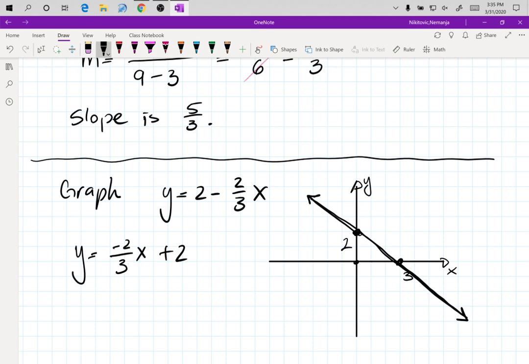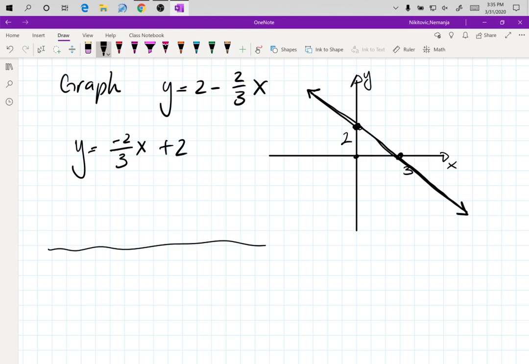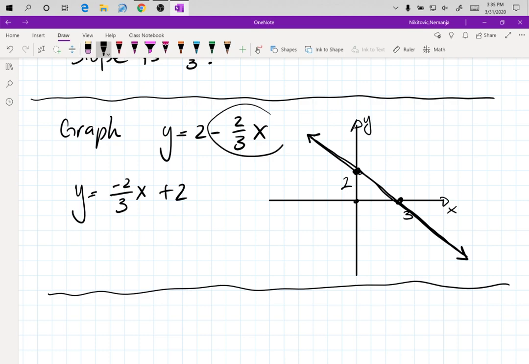And that's the graph. So if you have any equations that do not fall under what you see in class, just make sure you switch them around. So in this case, we swapped this, right? We put that first and then put 2 second to have that plus b, right? Plus 2.